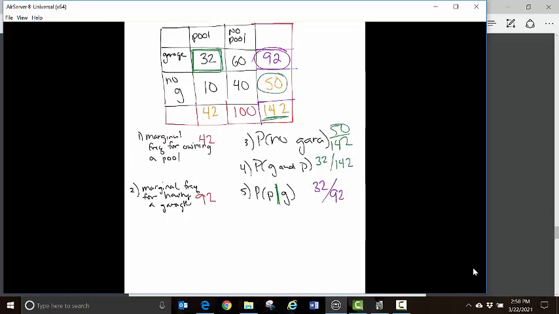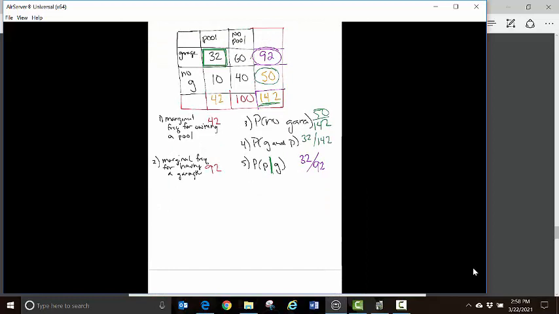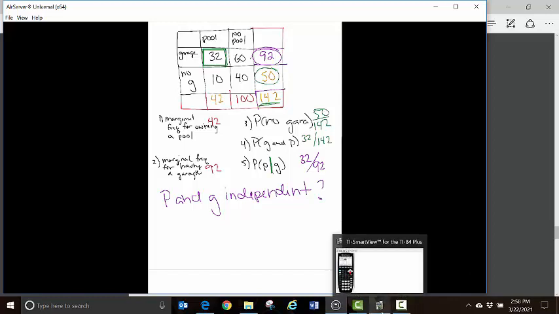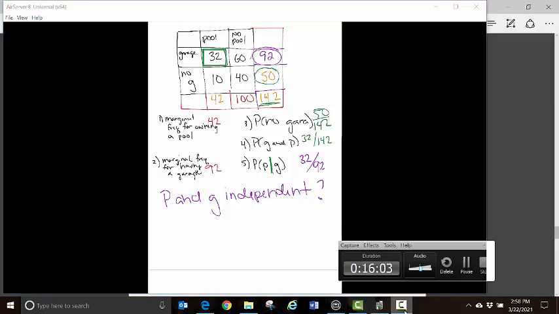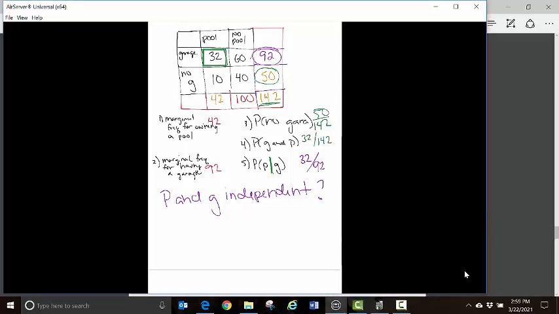Okay, now what if I asked you, is having a pool and a garage independent? What would you do? Any thoughts on that? Okay, so there's two ways to do this.